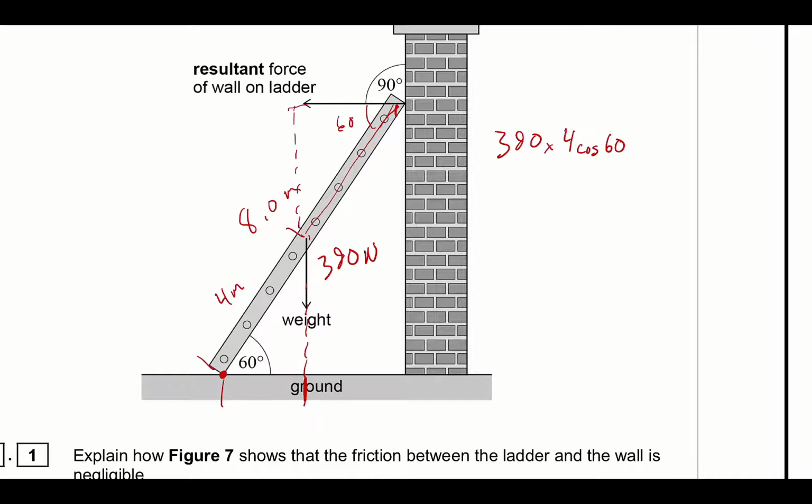The vertical distance, so it's sine 60, or actually cos of 30, has to equal the resultant times 4 sine of 60.